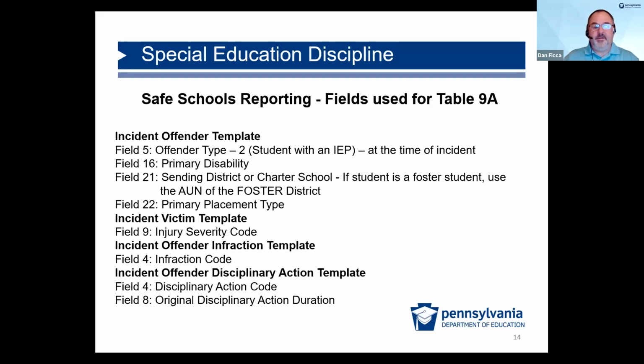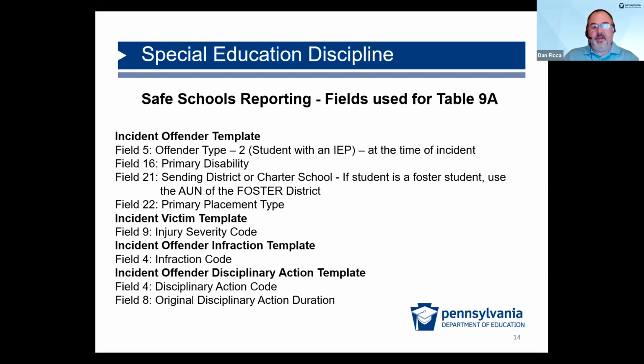Then I took the same information by running the Cognos 9A report and put that information in a column right next to it. So in table 9A, if you had 42 students reported, when I run the Cognos report, maybe you had 35 students. And again, we're pulling it all from these fields right here.